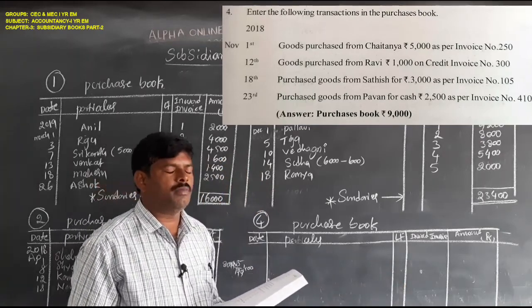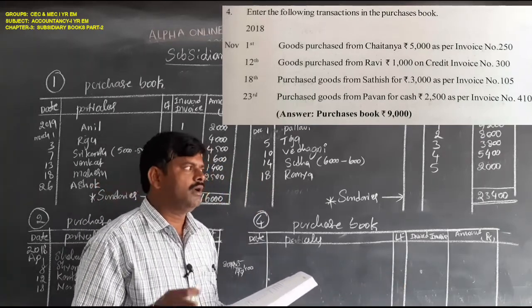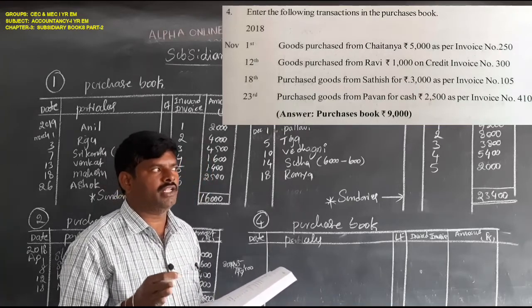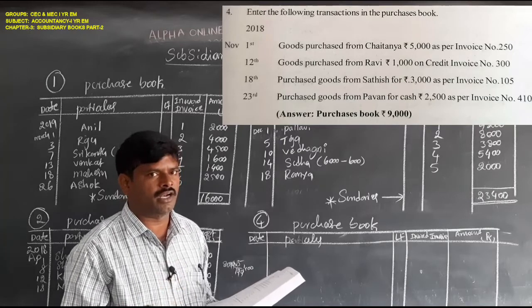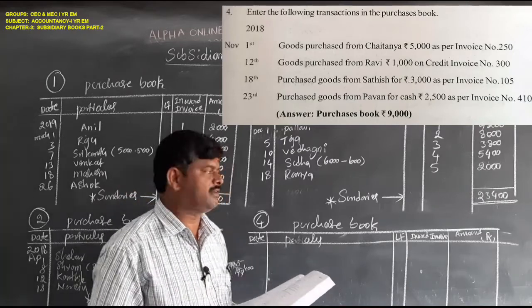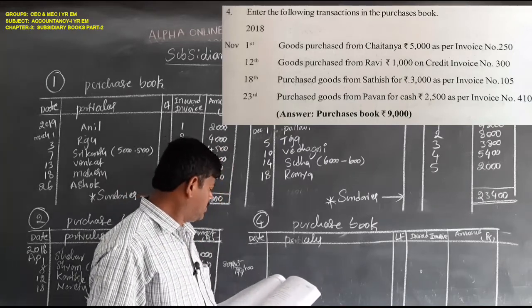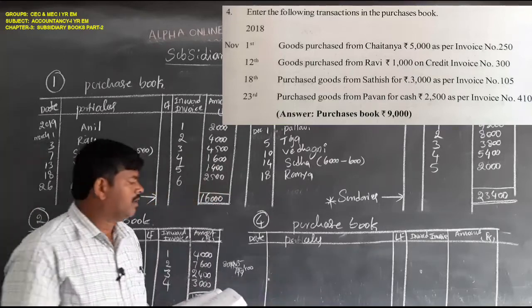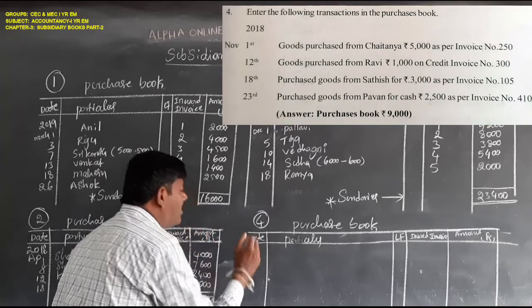Suppose the invoice number is not given in the problem, then you simply specify first transaction first number, second transaction second number, third transaction third number, just like that. You must compulsorily mention the invoice number.